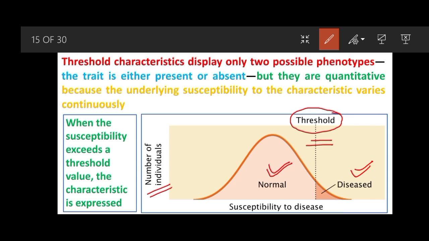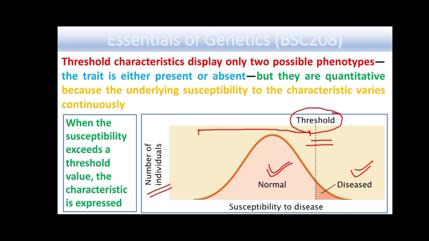So there is continuous variation in the factors which are involved in attaining this threshold. A range of factors are present, but the disease will occur when this threshold is crossed. So these are the threshold characteristics.